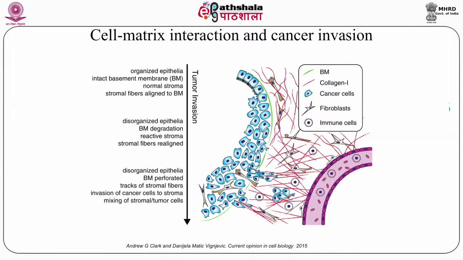In invasive tumors, cancer cells perforate the basement membrane or migrate through regions of dysfunctional basement membrane deposition, which allows the tumor cells to invade the stroma and migrate towards the bloodstream. The stromal cells can also enter the tumor, leading to a mixing of cell types and further disorganization of the tissue.